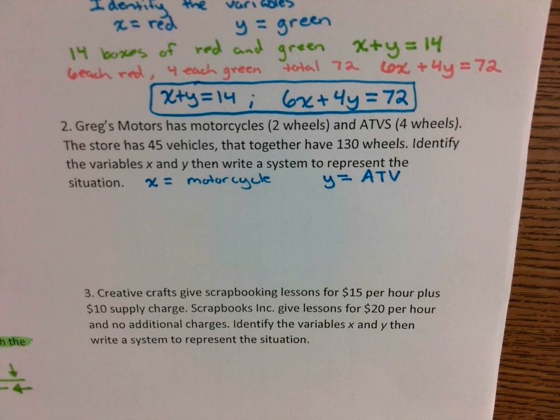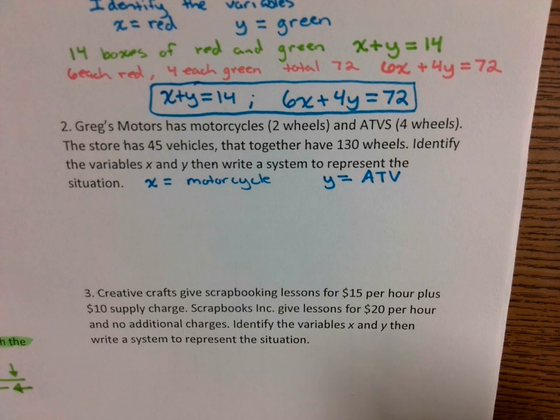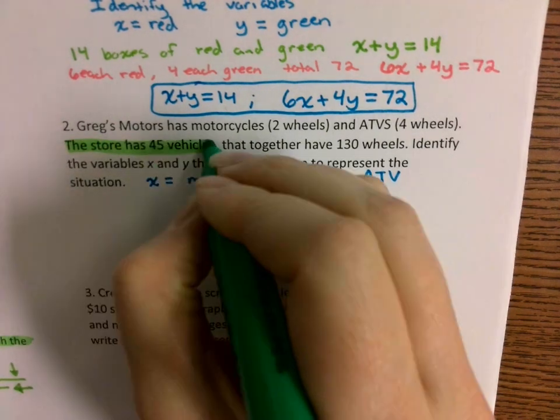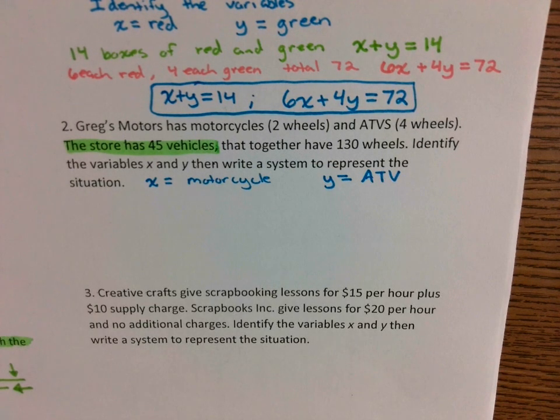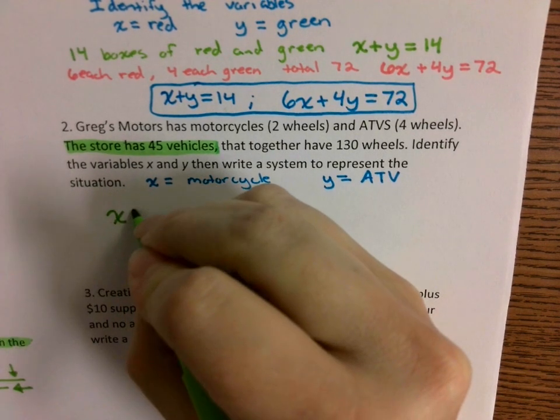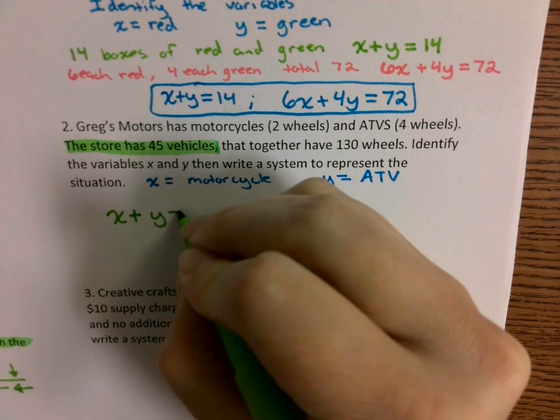Okay, so then we're going to split it out into what the different statements are. We have one statement that says we've got a total of 45 vehicles. So I know if I take the number of motorcycles and the number of ATVs and combine them together, it's going to equal 45. So X plus Y is going to be equal to 45 because we have 45 total vehicles.